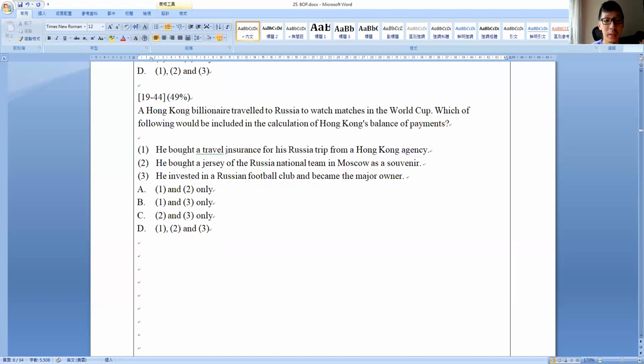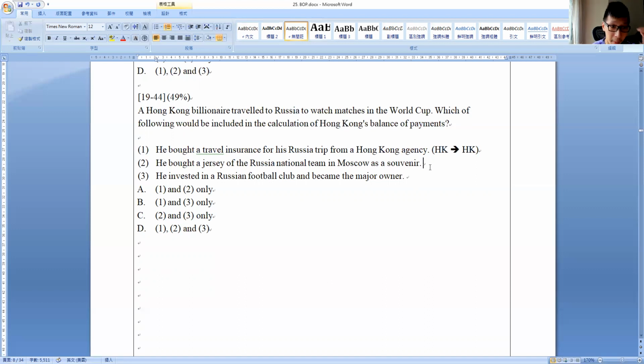He bought a travel insurance for his Russian trip from a Hong Kong agency. So the Hong Kong person pays money to a Hong Kong agency. Hong Kong paying Hong Kong, does it count in BOP? No, it doesn't count. So the answer would automatically be C, option 2 and 3.